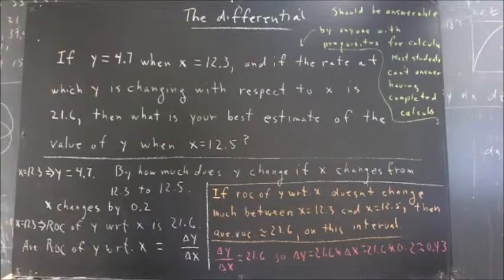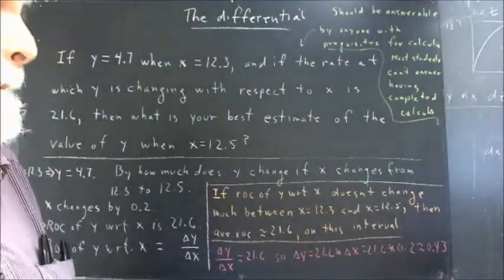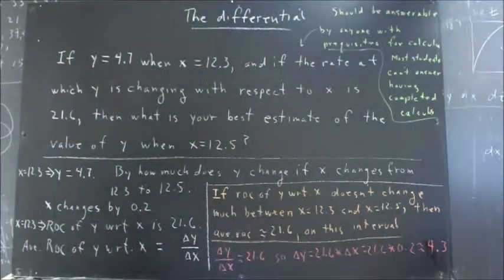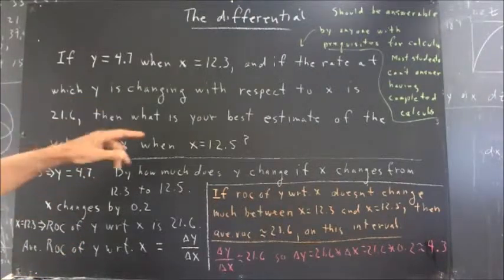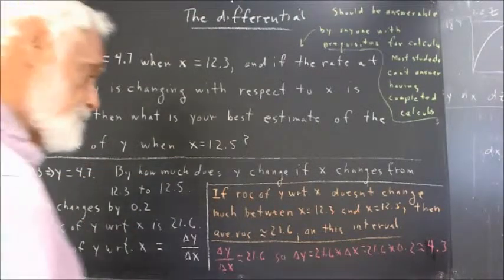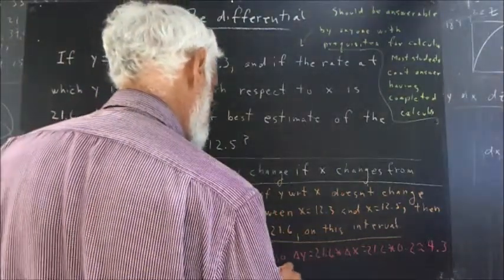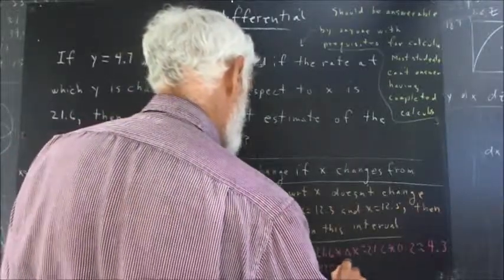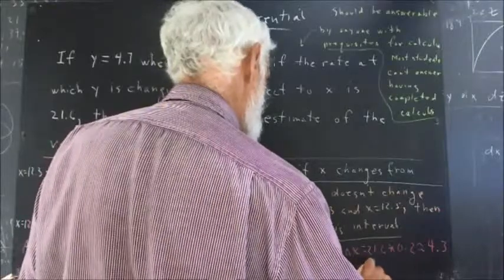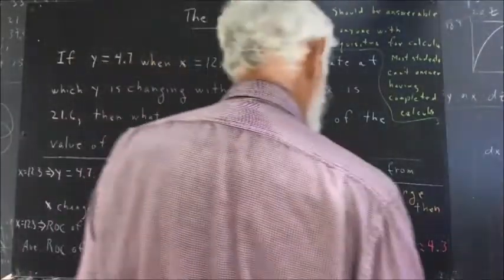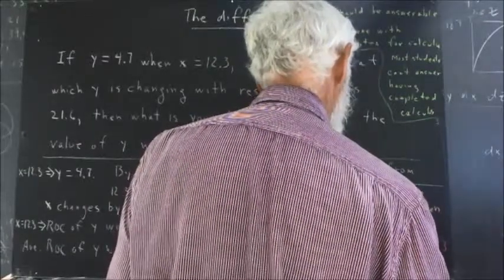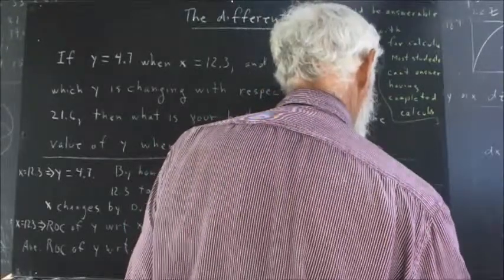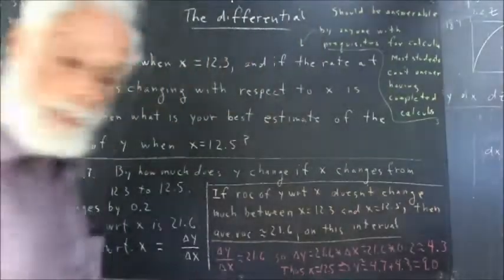And actually, I'm wrong about that. I've got the decimal in the wrong place. Let me fix that. Okay. So the change in y should be 4.3, so that y, when x equals 12.5, should equal its original value, 4.7, plus the 4.3, which would be 9.0.